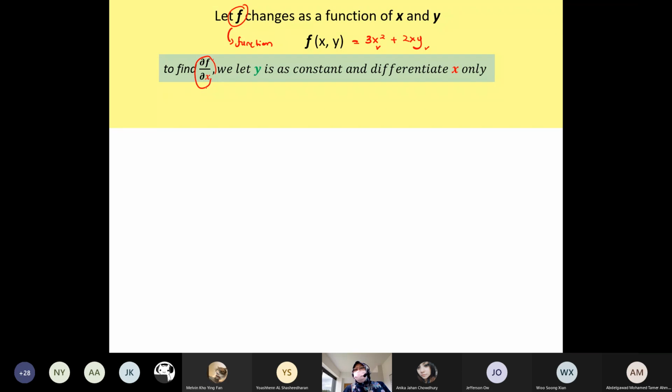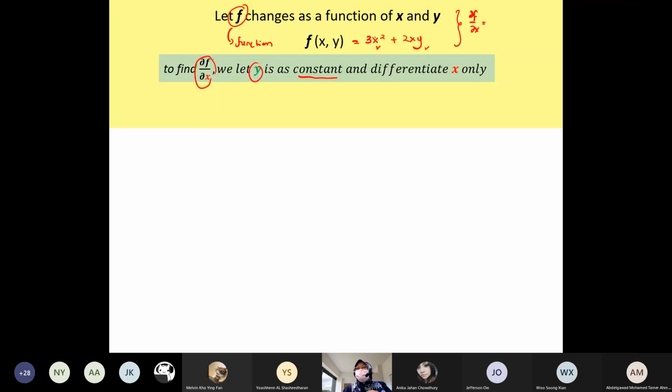By using partial differentiation, in order to get df over dx, you should let y be a constant. Remember that when you differentiate a constant, it becomes 0, right? So y here you treat as a constant.